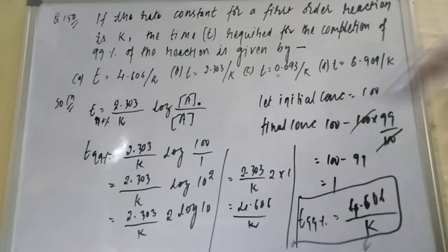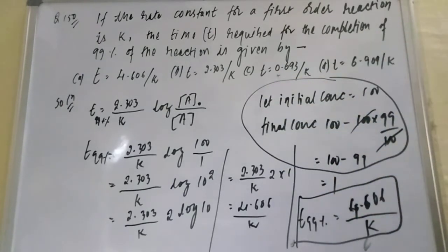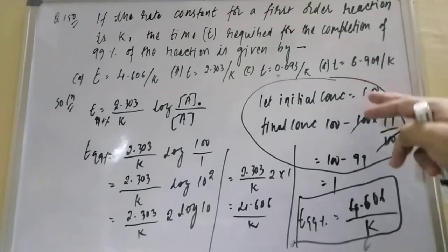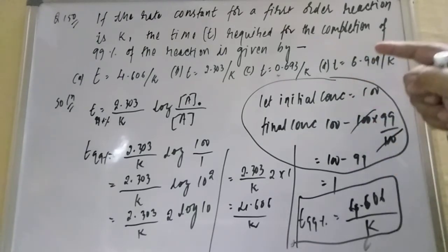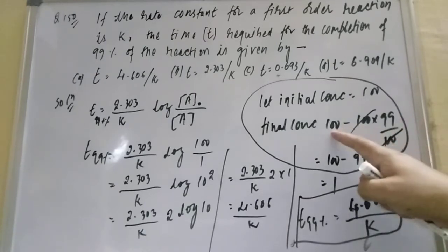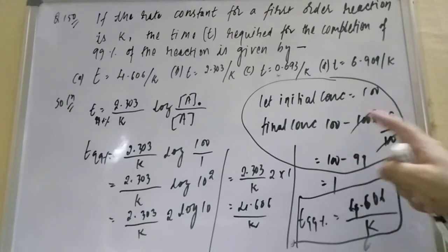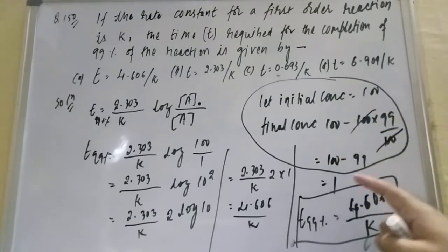So this is a very simple option. That is what we have to know, student: the initial and final concentration, that you have to understand. Initial concentration I have taken 100%. So final concentration is 100 minus 99% of 100, that is 100 minus 99, that is 1.